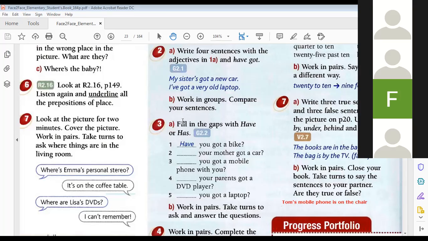Okay. And what about the cat? The cat is on the sofa. No, false. It is on the chair. The cat is on the chair, right? Yes. So this means both sentences are false, right? Yes. Both sentences are false.